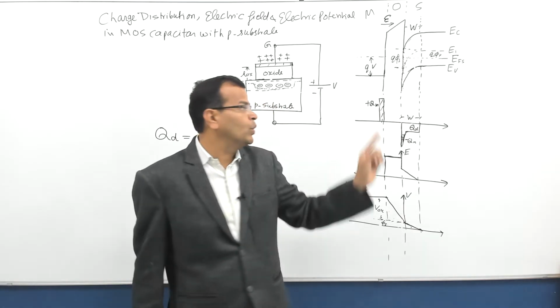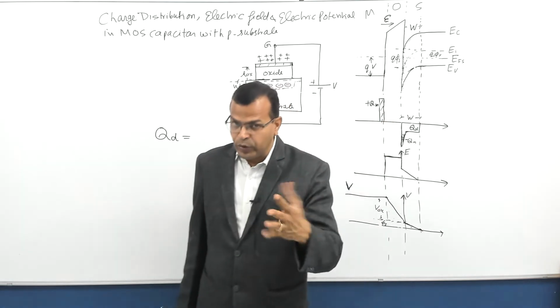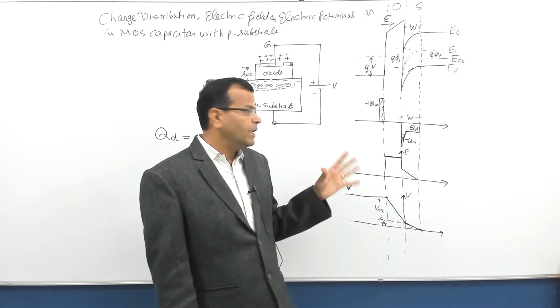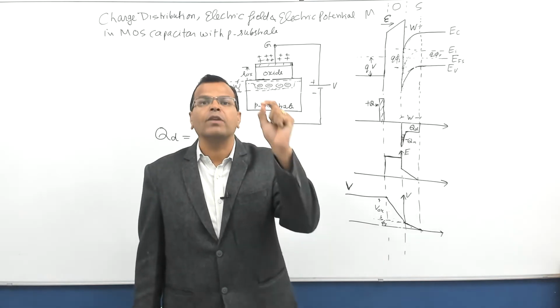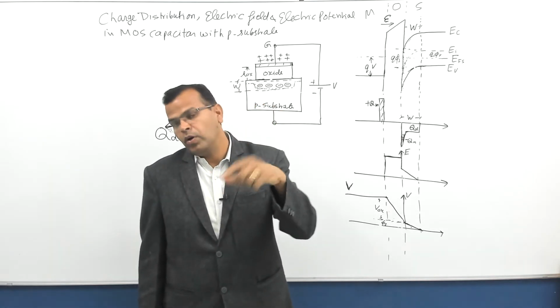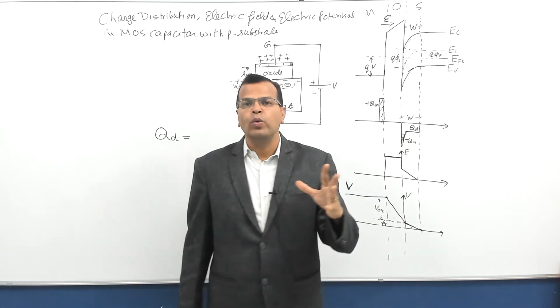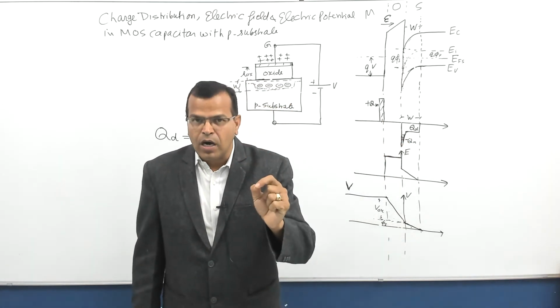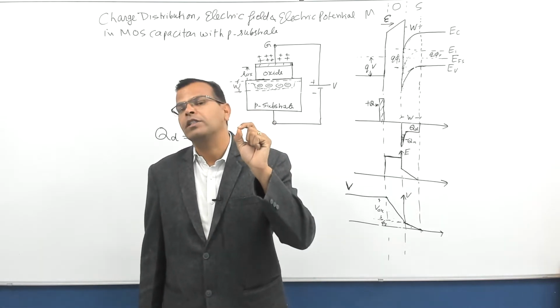I will be taking capital Q, not small q. In my EDC lectures, small q I have taken for the charge of an electron or hole. But here I am using this symbol Q. Q is not charge, rather it is charge per unit area, that is the surface charge density.